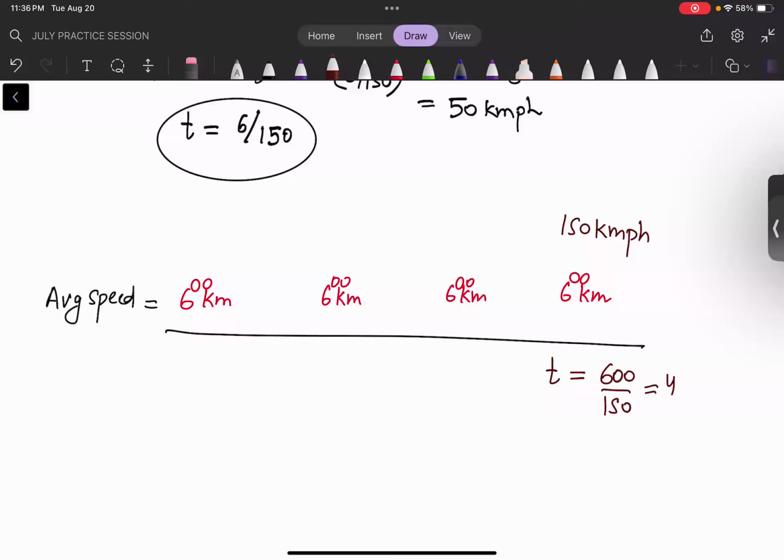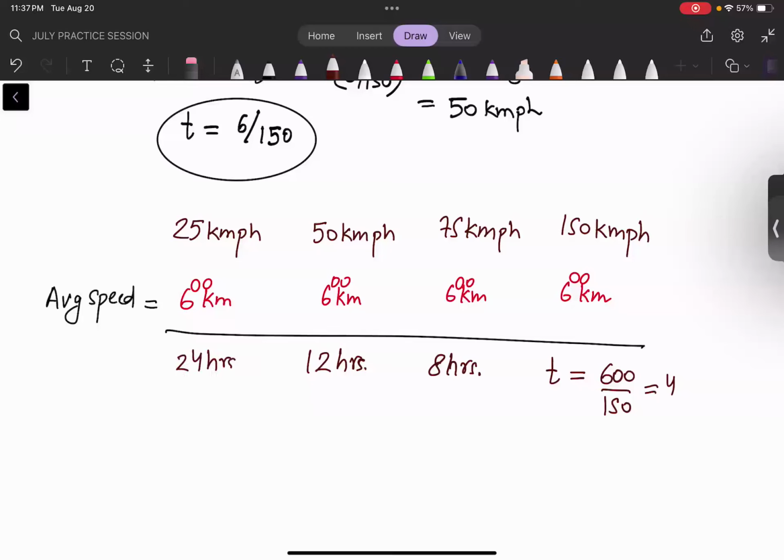That means 4. Similarly, next one is 75 kmph. So this time will come out as 8 hours. If you take the next one, the speed is 50 kmph. So here time will come out as 12 hours. And if you take 25 kmph as the speed, distance 600 divided by speed, you will get the time as 24 hours.